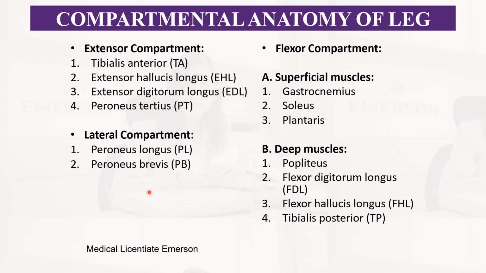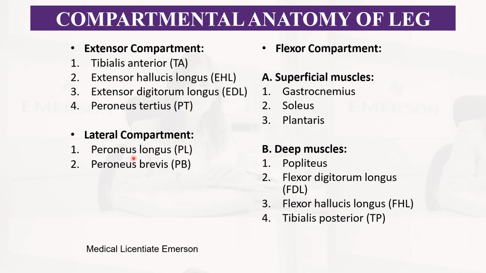Since we have already discussed the extensor, the lateral, and the flexor compartments, in the extensor compartment we have the tibialis anterior, the extensor hallucis longus, the extensor digitorum longus, and the peroneus tertius.